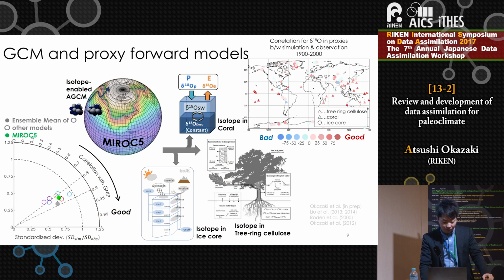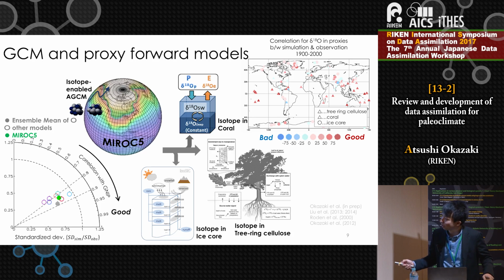So what we did first was to develop models for the proxies. First, I implemented stable isotopes into a GCM named MIROC5, which is an IPCC-class GCM. The left figure shows the skill of MIROC5 with that of the other isotope-enabled GCMs in a Taylor diagram.